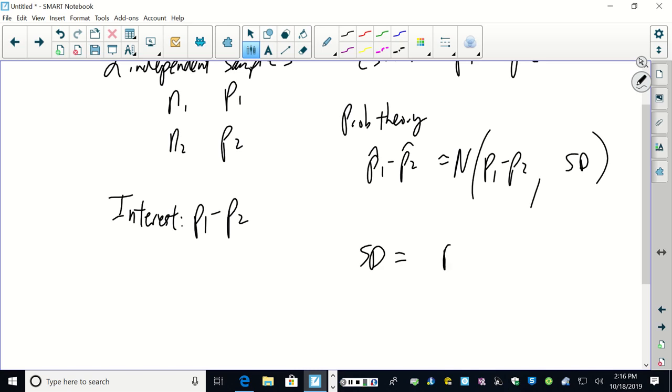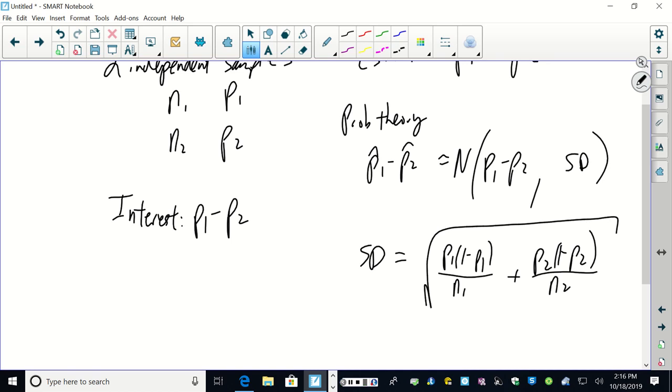You get the variance of the first one, P1 times 1 minus P1 over N1, plus the variance of the second one. Because the samples are independent, the variances add: P2 times 1 minus P2 over N2, and the standard deviation is the square root of that whole thing. Right?